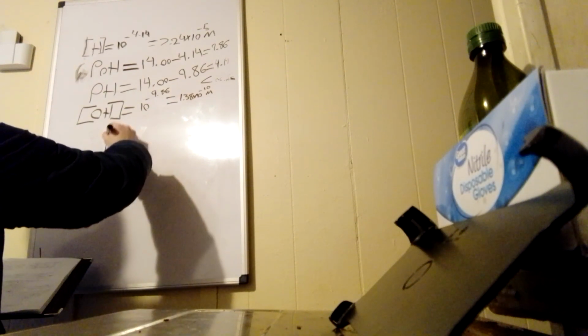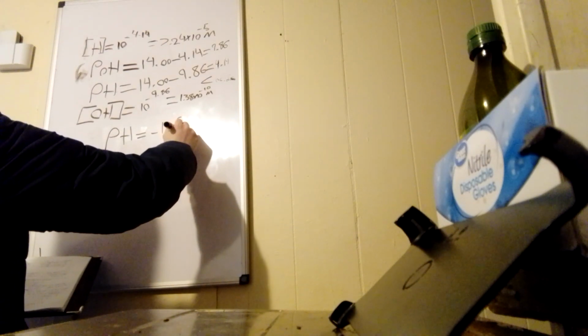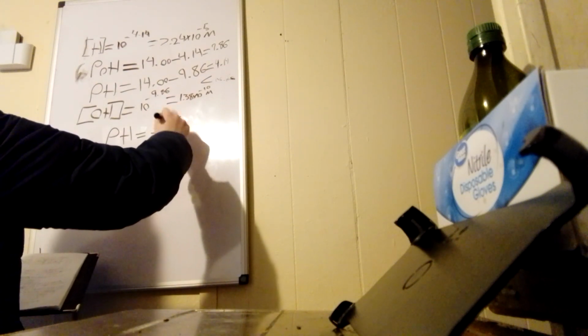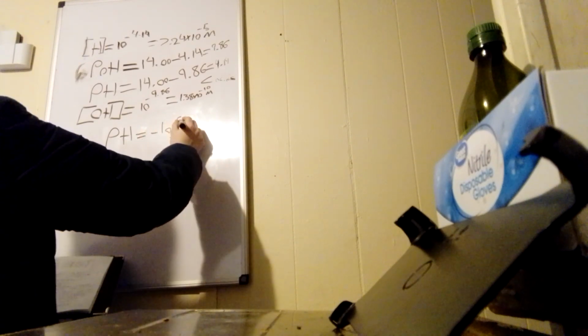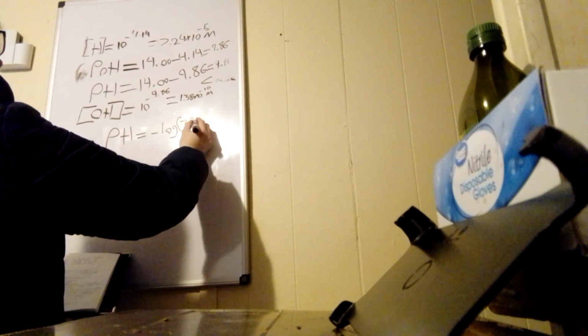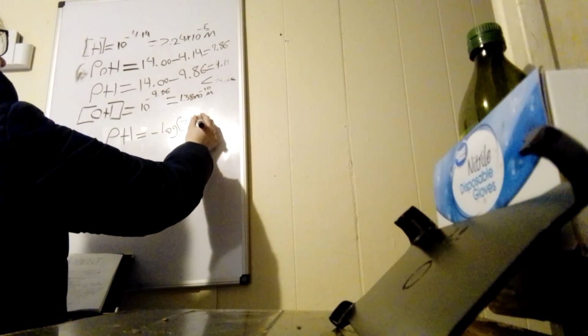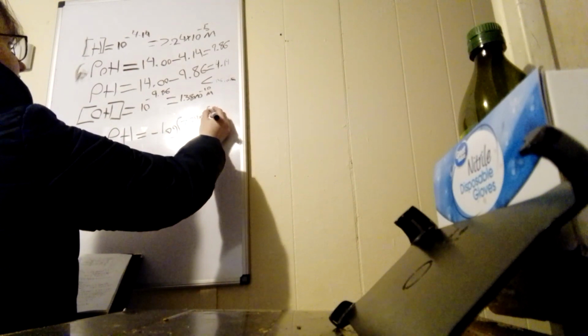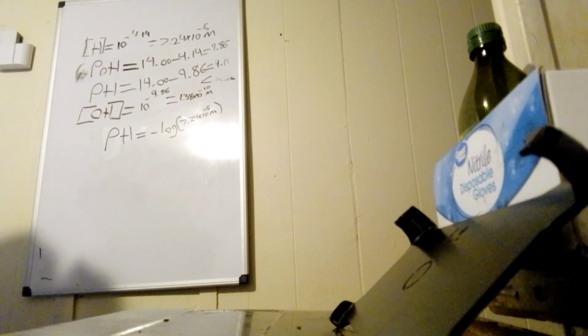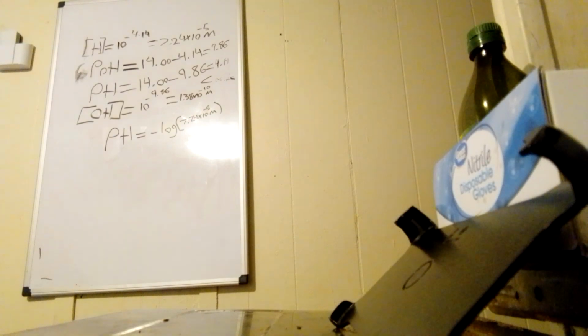So we have pH equals negative log of our H concentration, which we figured out to be 7.24 multiplied by 10 raised to the negative 5 molarity, which, gotta put my calculator, 1 moment.